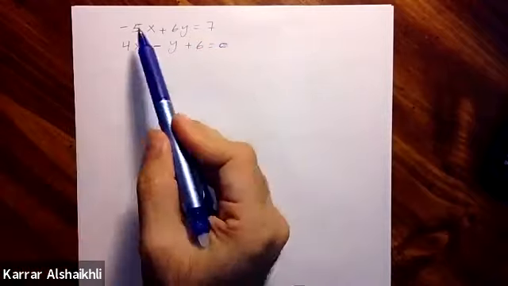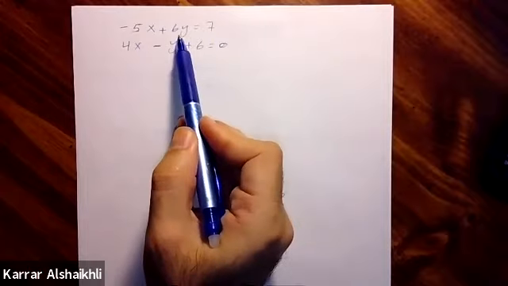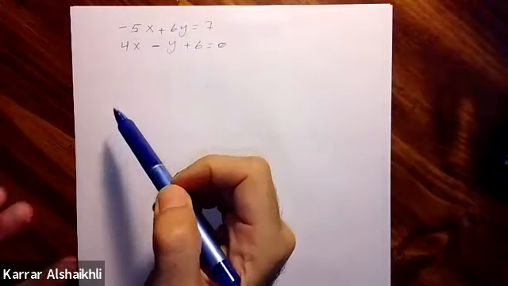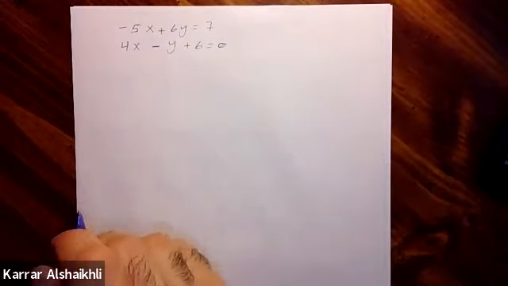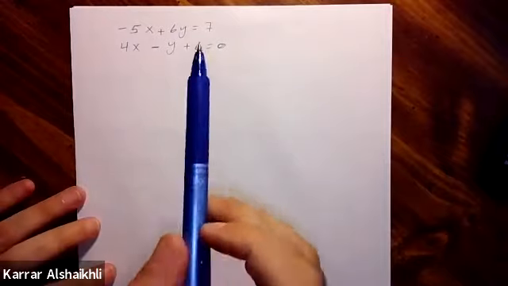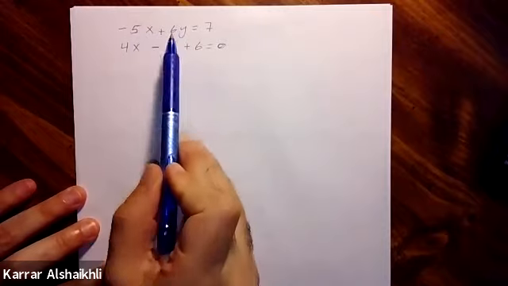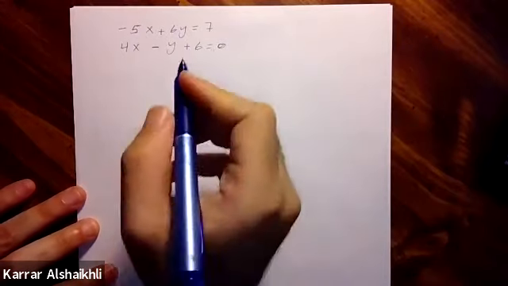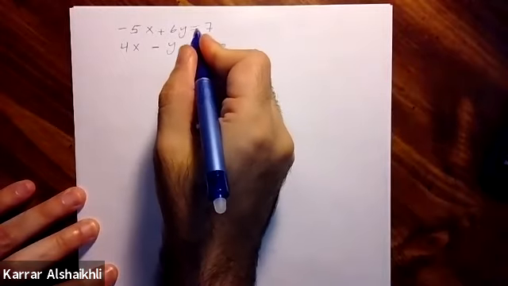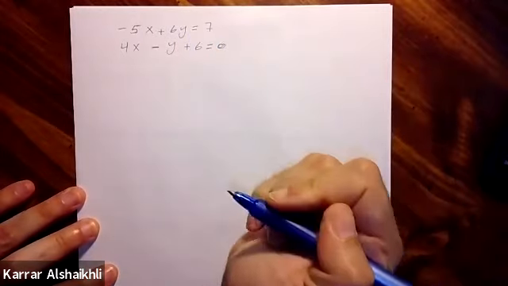This is the system, 2 linear equations with 2 variables, x and y. I have to make sure, as the first step before I'm writing down the augmented matrix, x, x, y, y, but I have a number here before the equal sign. So I have to move this number to the other side.